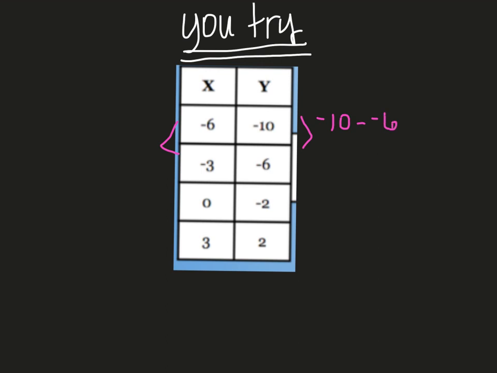Then over here you have -6 minus -3. So remember, you have to add the opposite, so it's -10 plus 6, which is -4. And then this is -6 plus 3, which is -3.